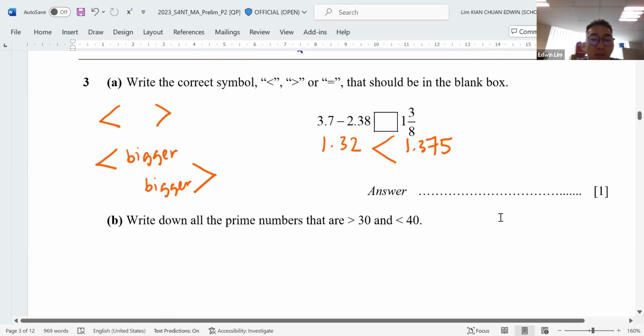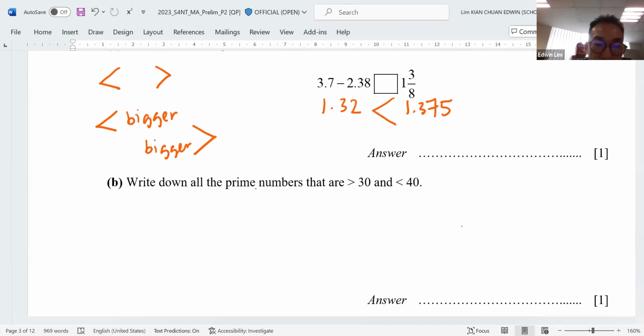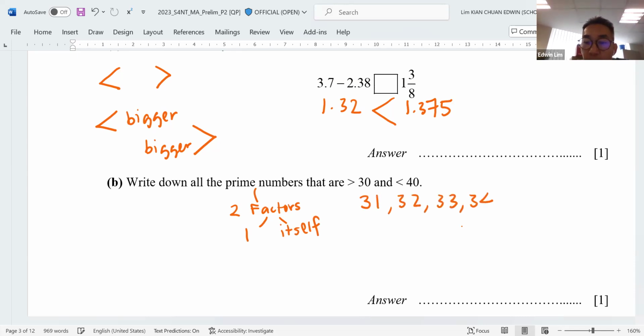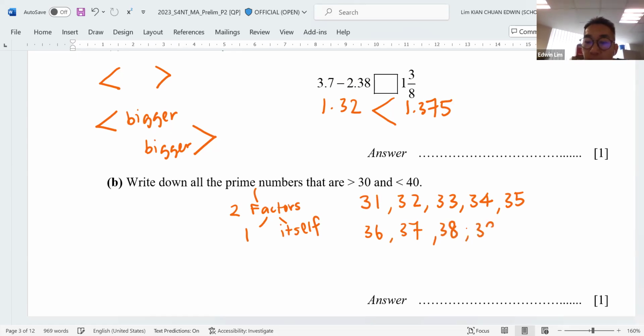3b. Write down the prime numbers that are bigger than 30 and smaller than 39. Prime numbers have only 2 factors. One of it is 1, the other one is itself. All right, so based on what I have, 31, 32, 33, 34, 35, 36, 37, 38, 39.